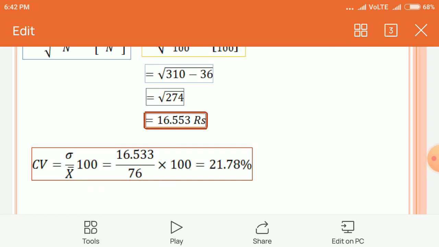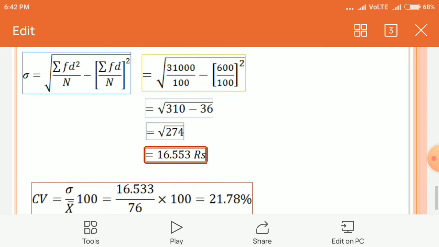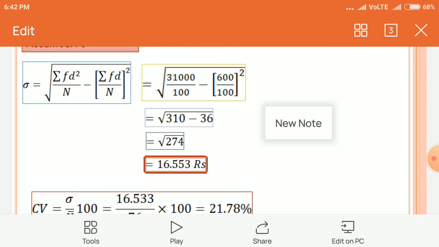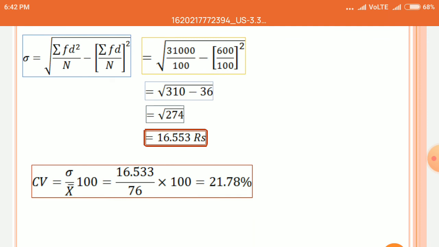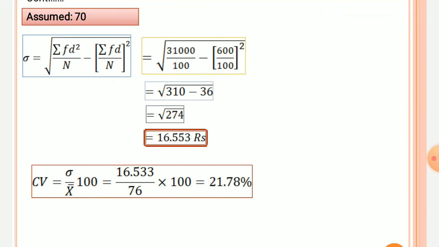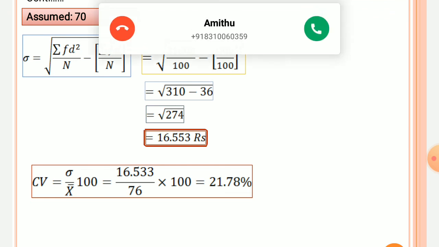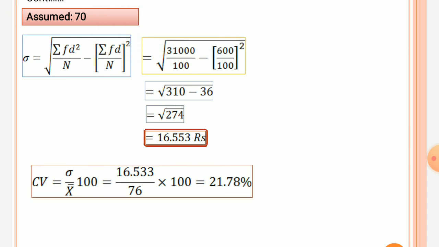So the value of sigma is 6.765, mean is equal to 28.2, into 100, that is 676.5 divided by 28.2.